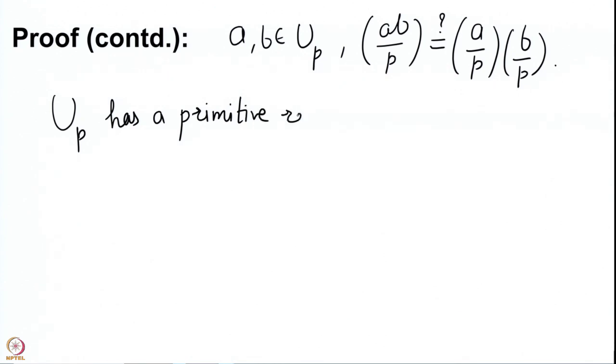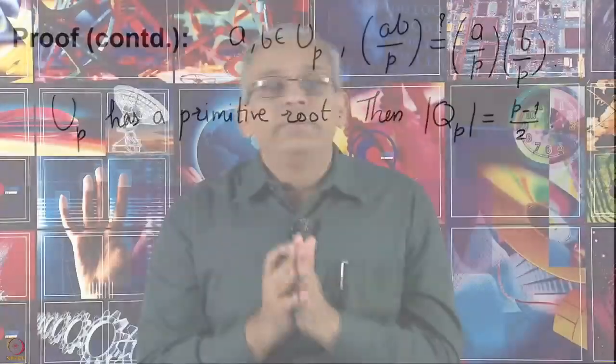We have proved in fact that when p is an odd prime, p^e has a primitive root. So, in particular U_p has a primitive root, and then we also saw that the number of squares will have cardinality exactly (p-1)/2.